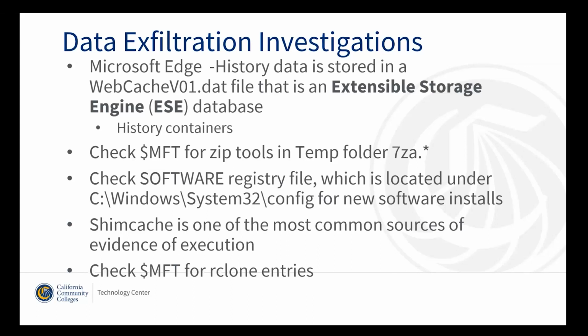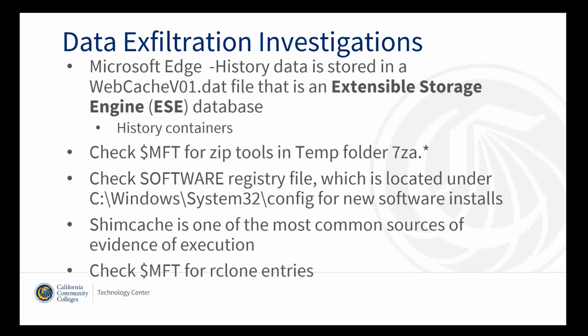Check the software registry file for new software installs, like any type of file copy tool, any type of weird tooling for data movement that's not normal to your organization. Another quick comment I can make is on the tooling. You should be very aware of what's installed on your system, and if any software is installed that's not normal, that should definitely be of concern as part of the investigation.